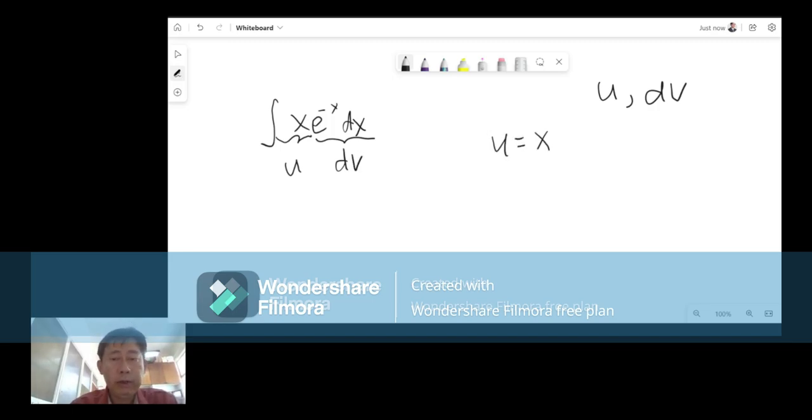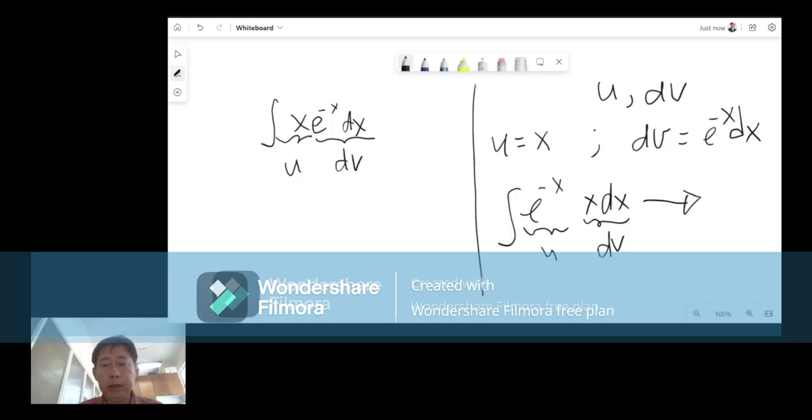You write down the function u as x and the differential dv as e power minus x dx. The choice of u and dv as shown here is by no means unique.